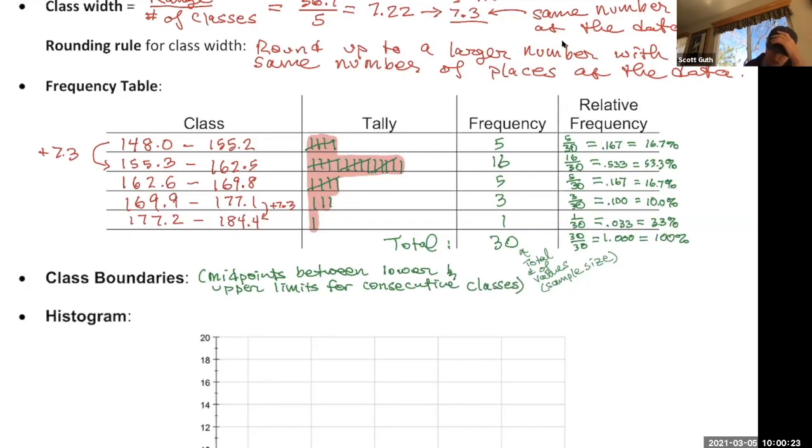Okay, so if you just look at an upper limit, real quick, I'll highlight the upper limit and the lower limit for the next consecutive class. So we're trying to find the midpoint between 155.2 and 155.3. And the easiest way to do that is just to add a 5 after the 2. So it's just 155.25.